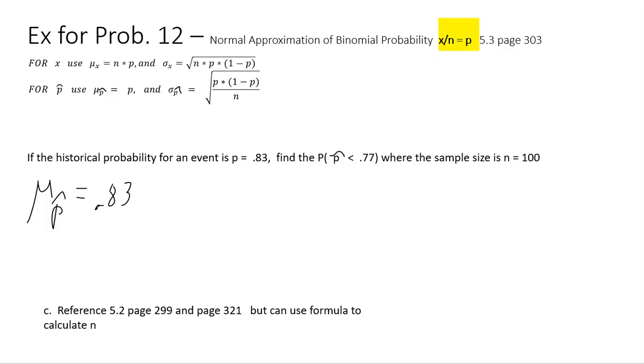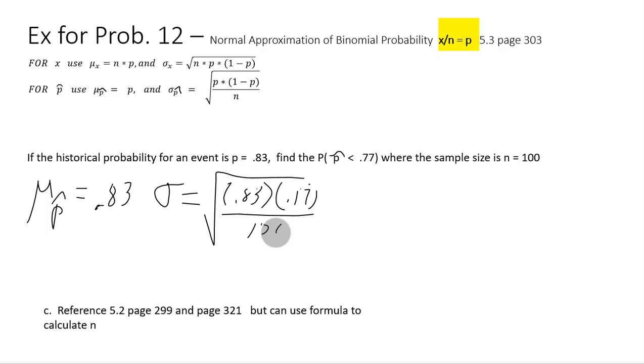The calculation for the standard deviation is the square root of p, which is 0.83, times 1 minus p, which is 0.17, divided by 100.